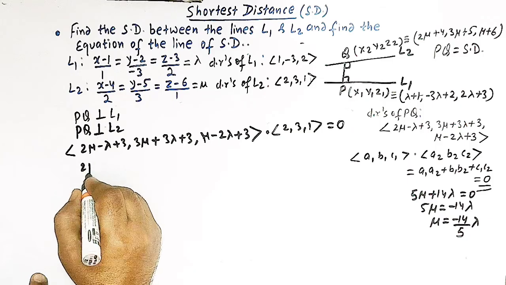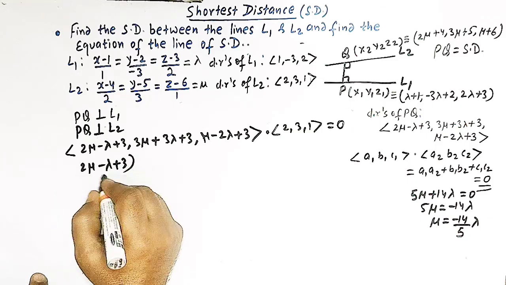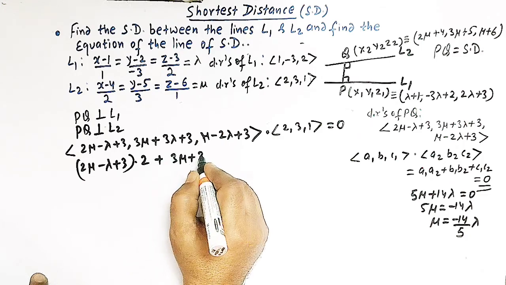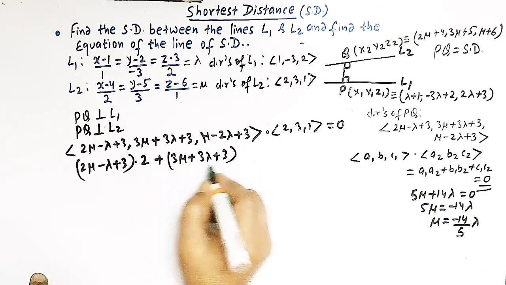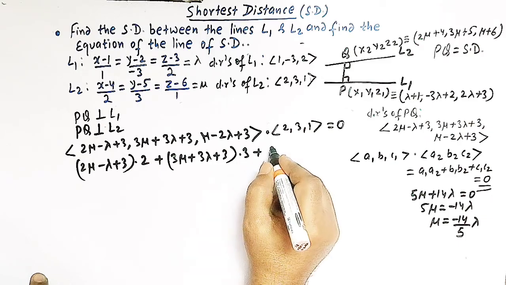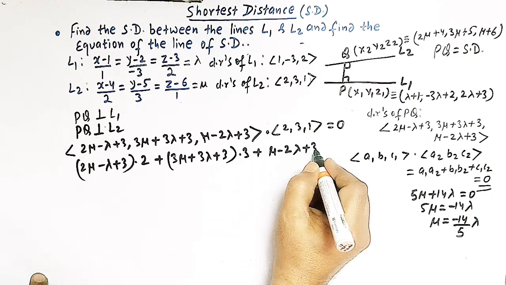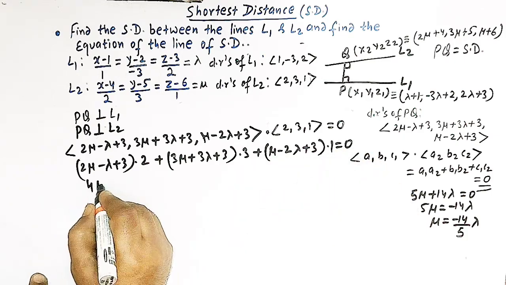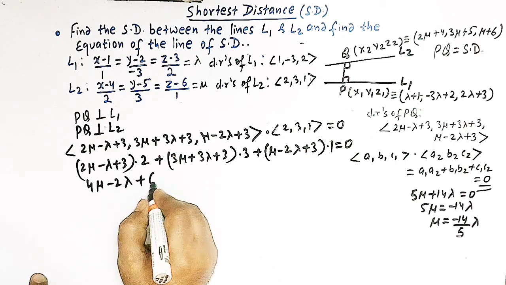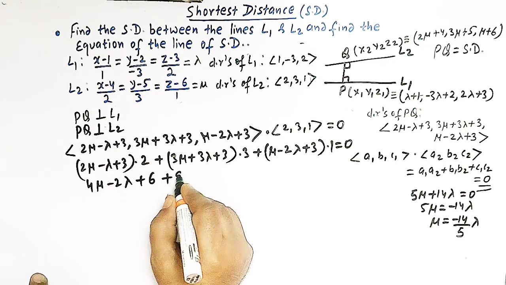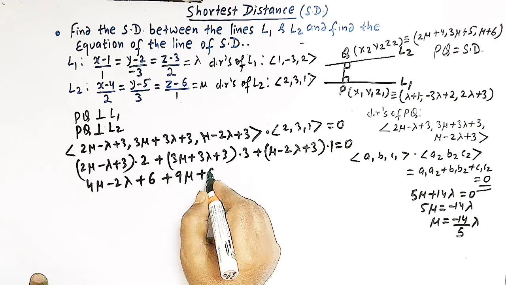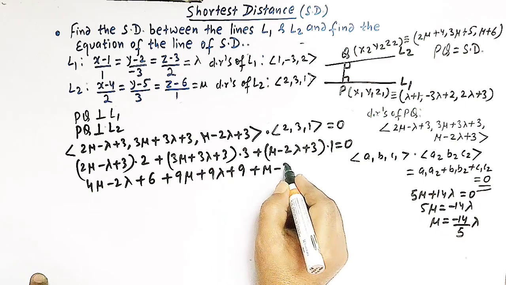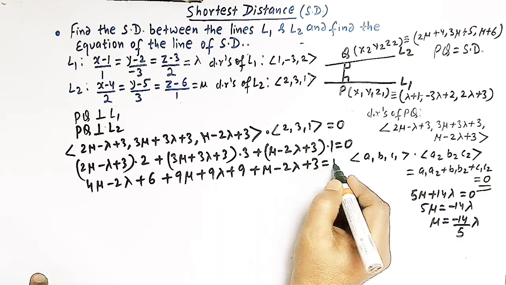So we have now 2 mu minus lambda plus 3 times 2, then we have 3 mu plus 3 lambda plus 3 times 3, and then mu minus 2 lambda plus 3 times 1 is equal to 0. So we have 4 mu minus 2 lambda plus 6, and here we have 9 mu plus 9 lambda plus 9, and here we have mu minus 2 lambda plus 3 is equal to 0.